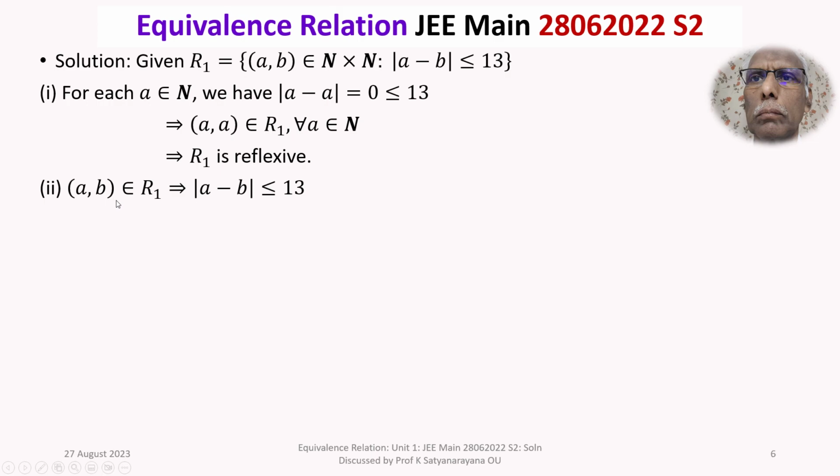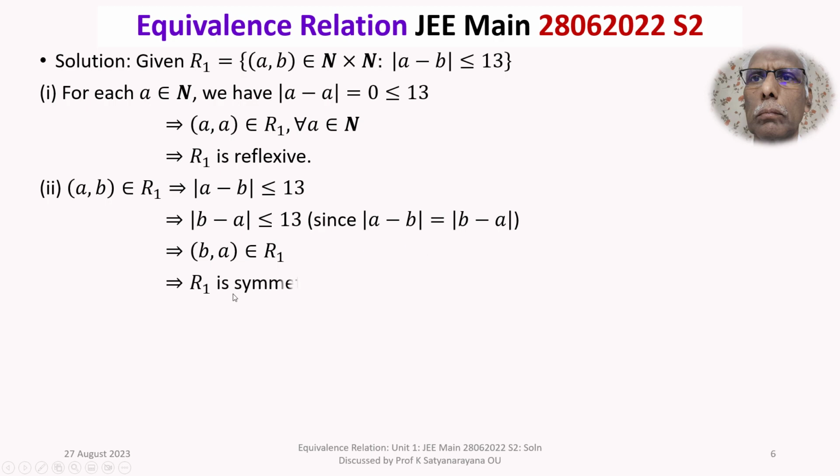Ordered pair (a, b) belongs to R1 implies by definition modulus of a minus b is less than or equal to 13, and mod of a minus b is equal to mod of b minus a for all a, b belonging to natural numbers. So this implies (b, a) also belongs to R1. So R1 is a symmetric relation.